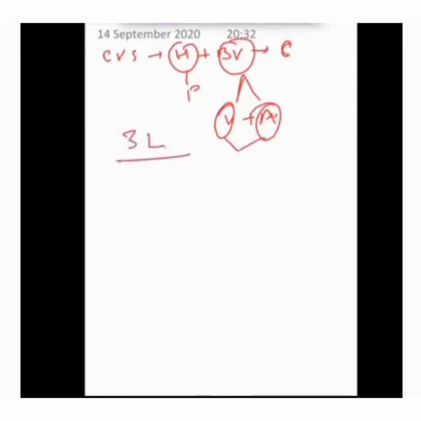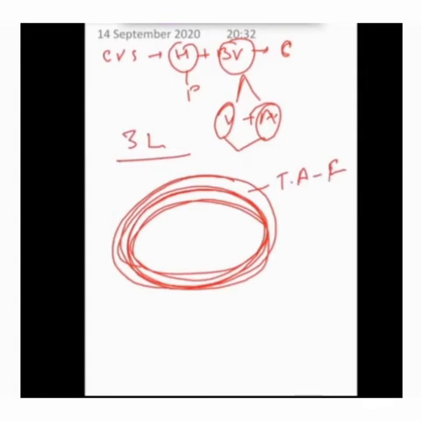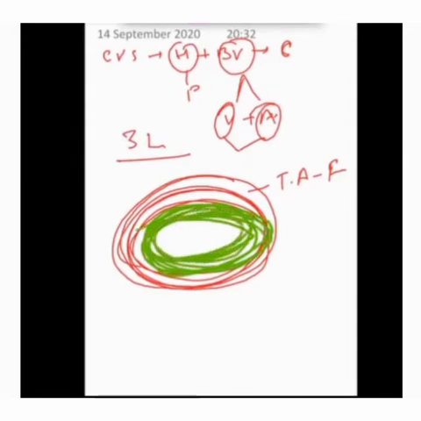I'm drawing the outermost layer with the red pen, that is your tunica adventitia. Basically, it's a fibrous layer. I'm drawing the middle layer with the green one, that is your tunica media, and it is basically an elastic layer made up of smooth muscles.